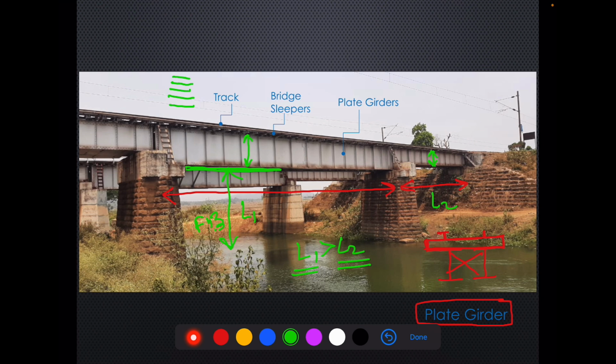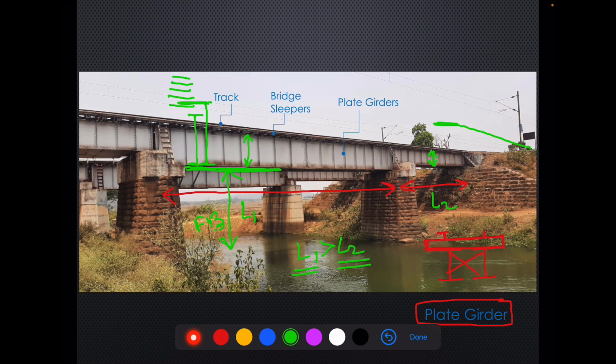Now, if we have larger depth of plate girders, like this we have to provide, then for more length like this we have to provide. So the track level will keep on increasing, and for increasing track levels I have to ramp them down in the approaches. So again the overall system becomes uneconomical.